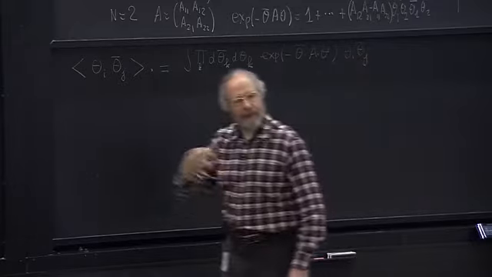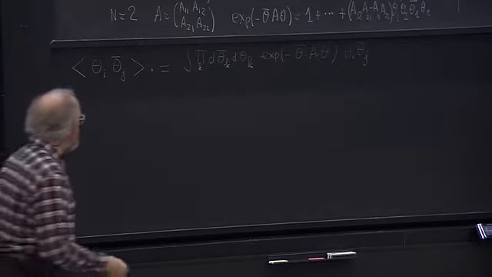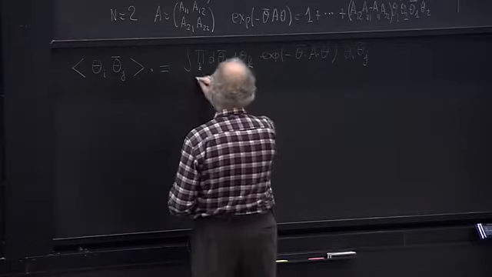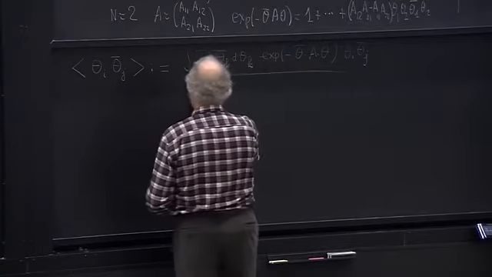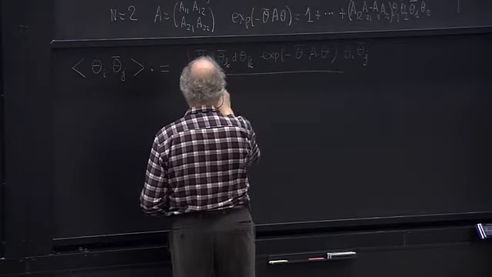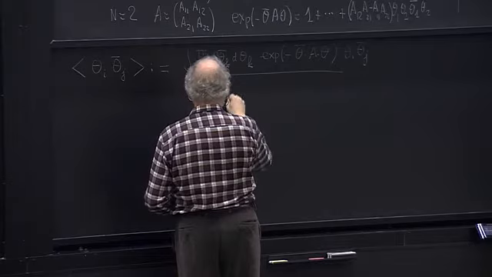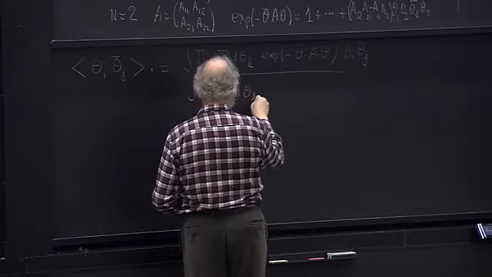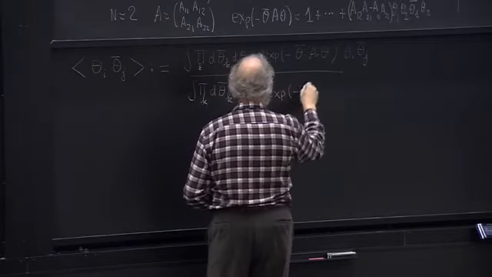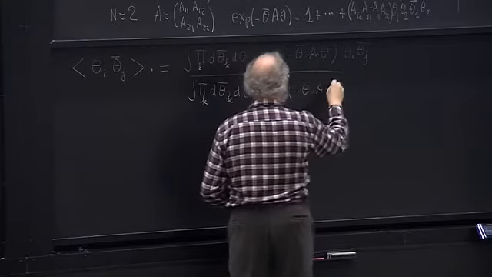Okay, so I can do the same calculation. And, of course, I divide by the integral, products over k of d theta bar k d theta k, exponential minus theta bar times A times theta.